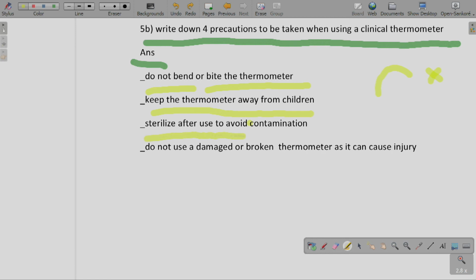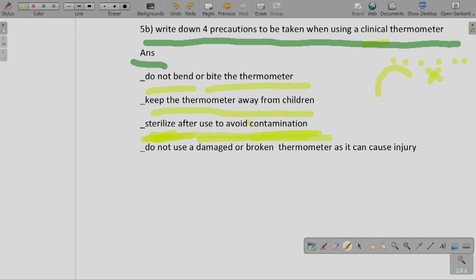Sterilize after use to avoid contamination. Clinical thermometers are used in clinics. Therefore, they can be used from one patient to another, but they should be properly sterilized. If they are not sterilized, you can cause contamination of germs. Therefore, the precaution that you should take is you should sterilize after use to avoid contamination.